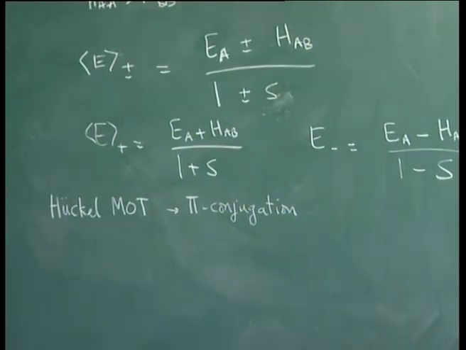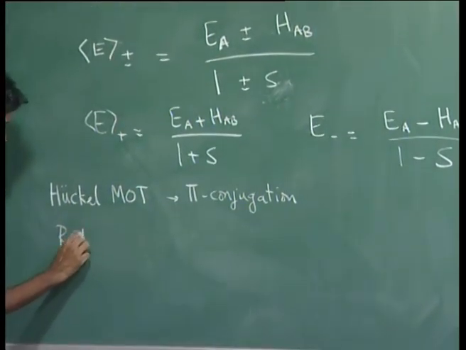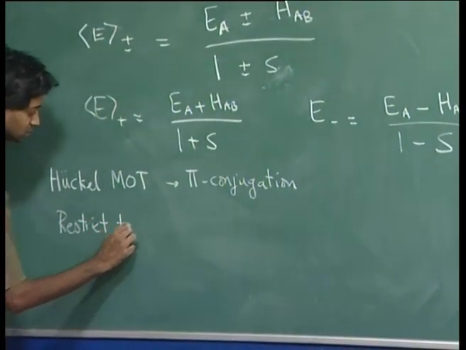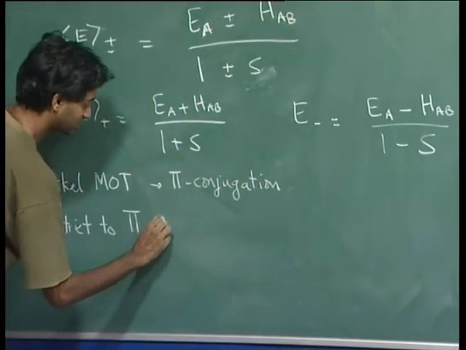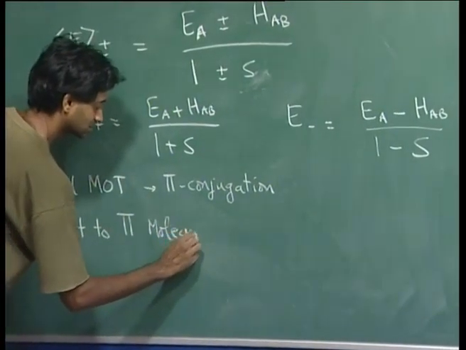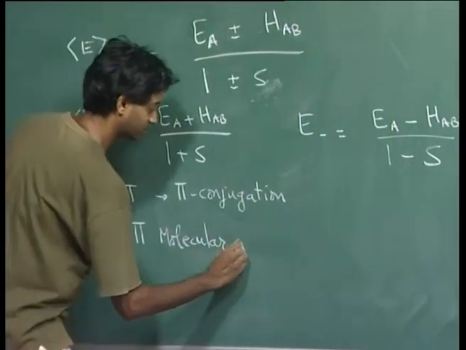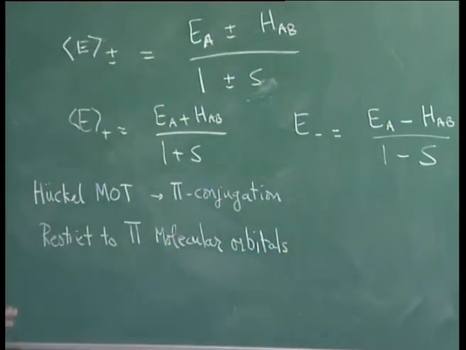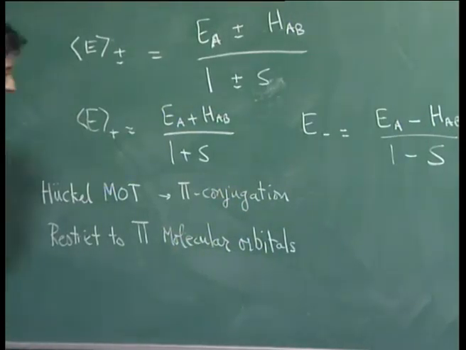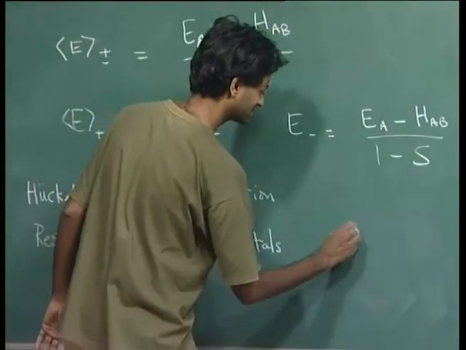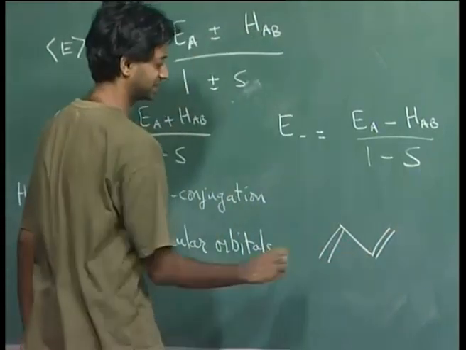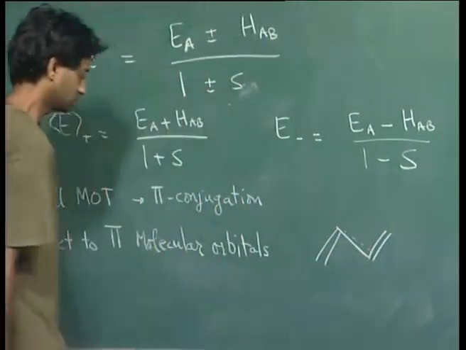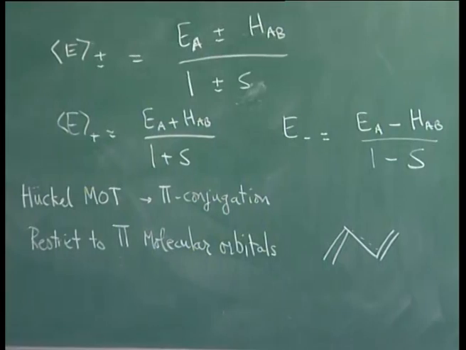In Huckel molecular orbital theory, you restrict to pi molecular orbitals. So for example, if you have butadiene, you have a pi conjugated system.